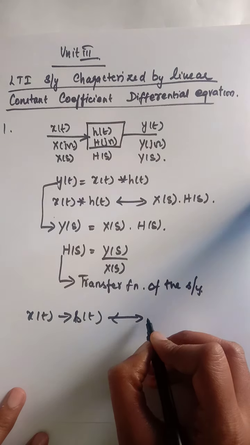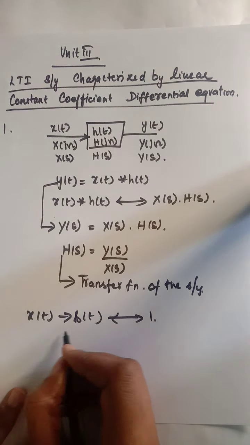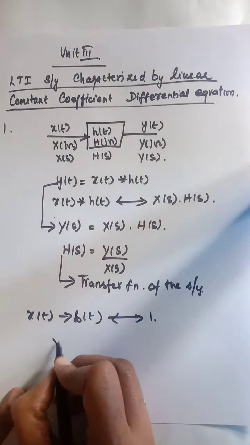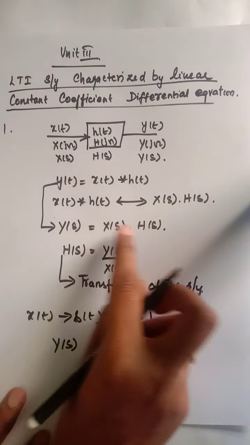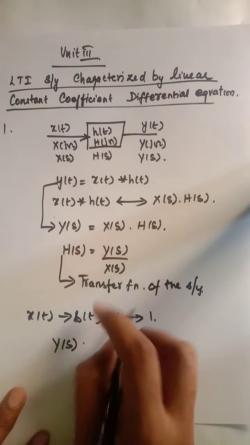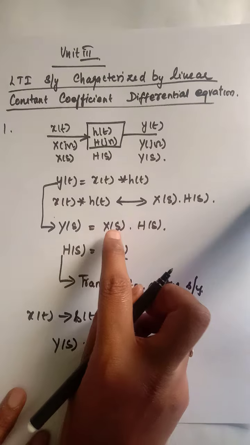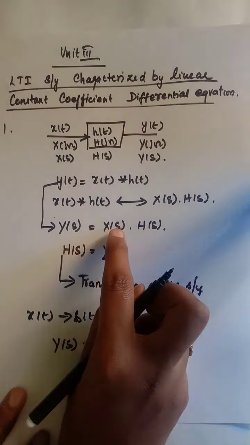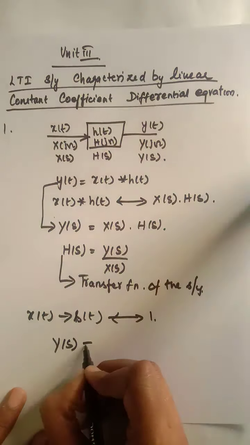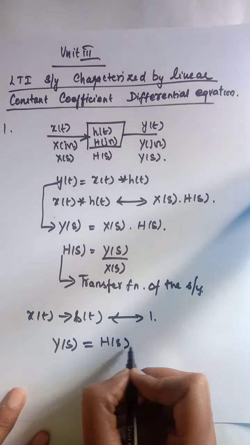It is 1. So X of s becomes 1, and the output is equal to H of s.